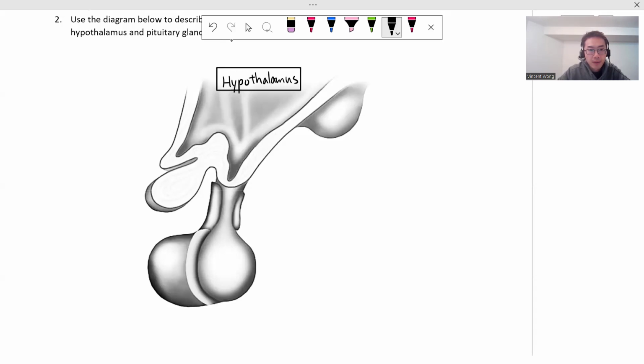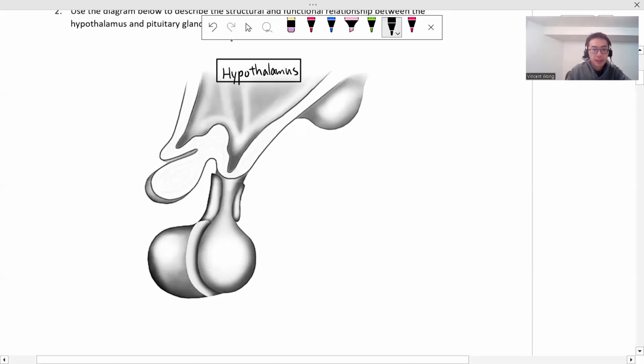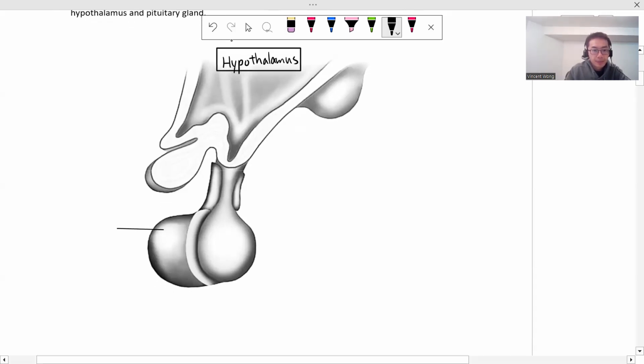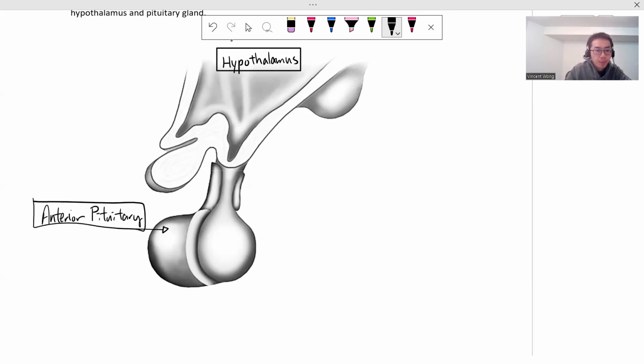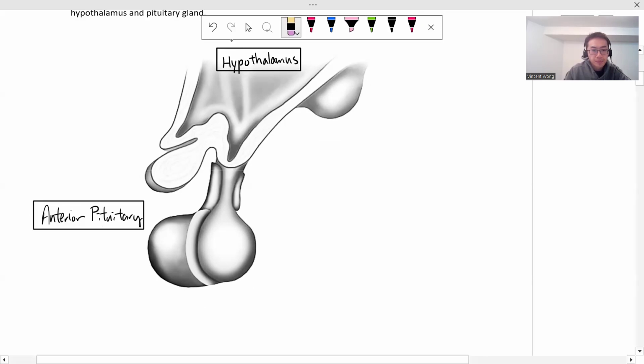Okay, and this here, I mean, you can see this is the optic chiasma, so that makes this the front, the anterior pituitary. And of course, we have the posterior pituitary.